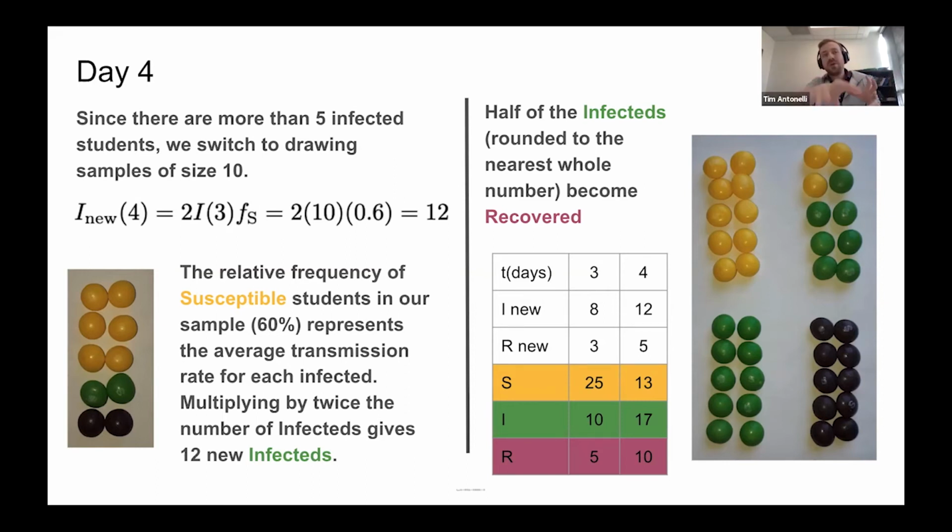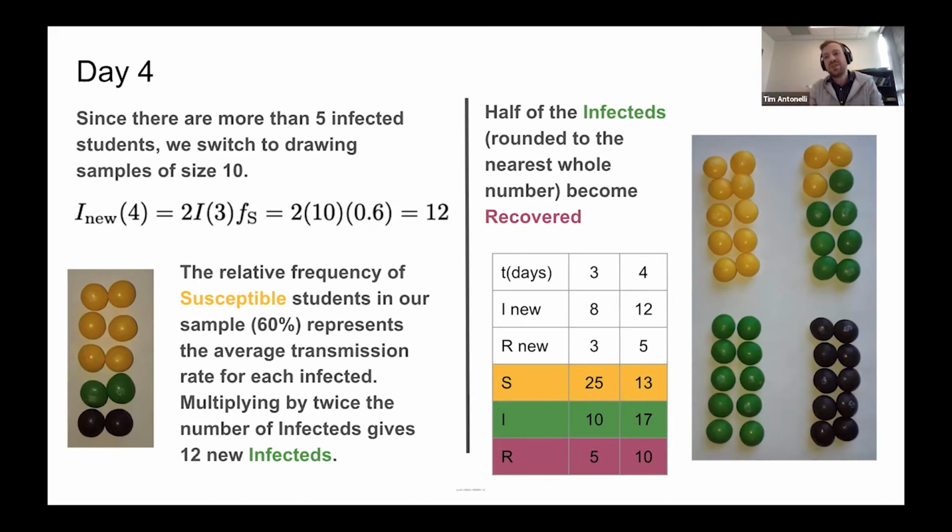We're only ever going to draw at most 10 Skittles from the cup. That simplifies the counting, even if it makes the calculation a bit more complicated. The idea is this sample represents the relative frequency of susceptible students that each infected would encounter. It's like the successive transmission of each of their encounters.